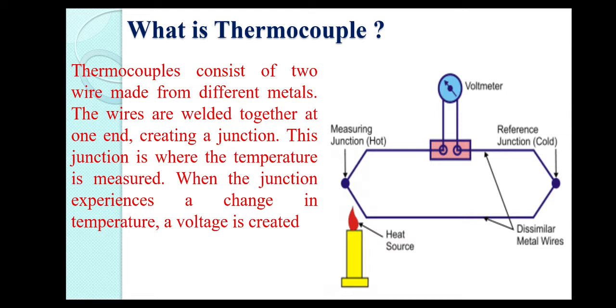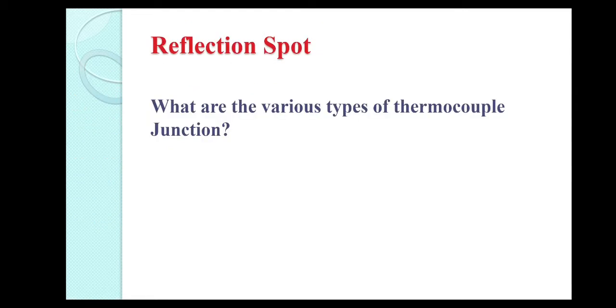One junction is heated by a heating element and the other junction is kept constant in cold condition. That is, the hot junction is the measuring junction and the cold junction is the reference junction. This question is for you: what are the various types of thermocouple junction?